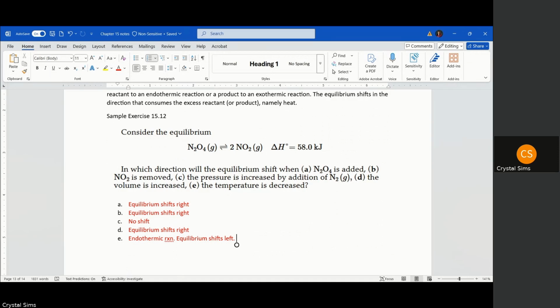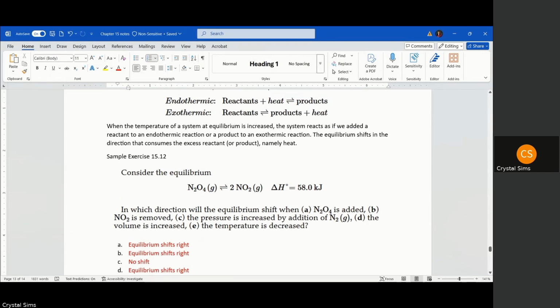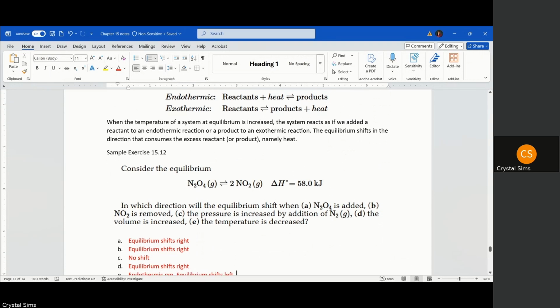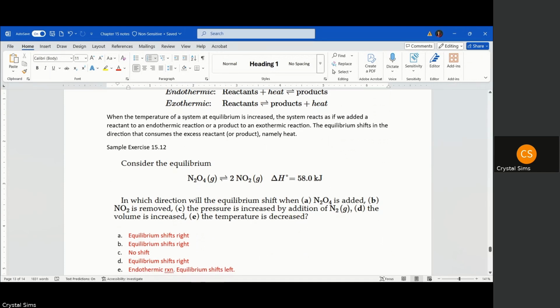That means we have an endothermic reaction. And in an endothermic reaction, heat is a reactant. So because we've decreased the temperature, we need to get to the side of the reaction where heat is found, which is on the reactant side. So the equilibrium has to shift left.